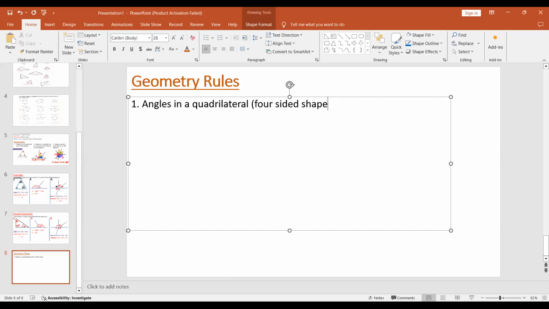Very good, a four-sided figure. Angles in a quadrilateral add up to what? 360. Yes, angles in a quadrilateral, or four-sided shape, add up to 360 degrees.